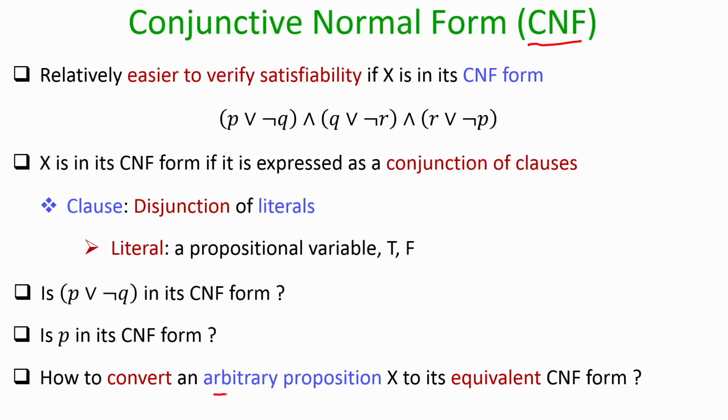You give me any expression x, if it is already in its conjunctive normal form, then well and good, but if it is not, then there is an algorithm which I can use to convert my expression x into another expression y, where y will be logically equivalent to x and y will be in conjunctive normal form. So, let us see that algorithm.